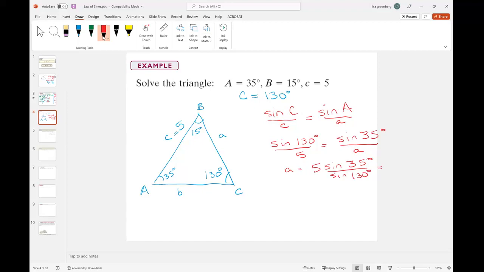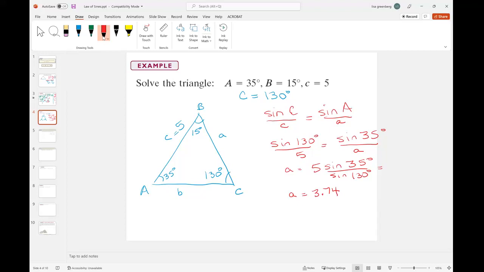And that gives me, so does that make sense? So I get A equals 3.74 and C, yeah, A is smaller.